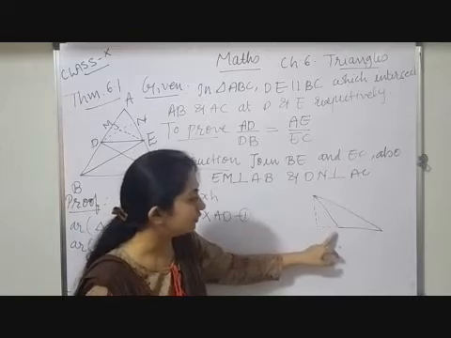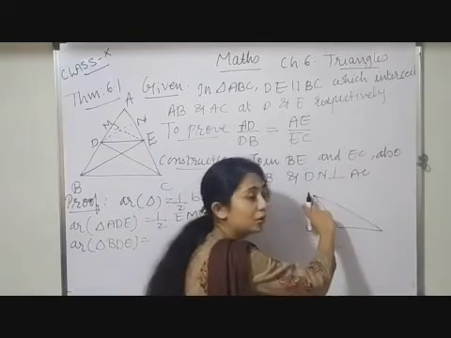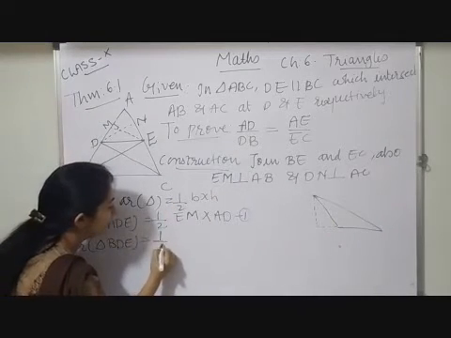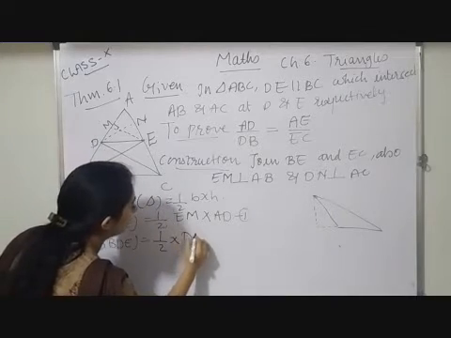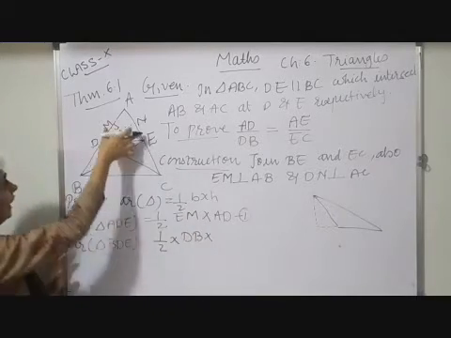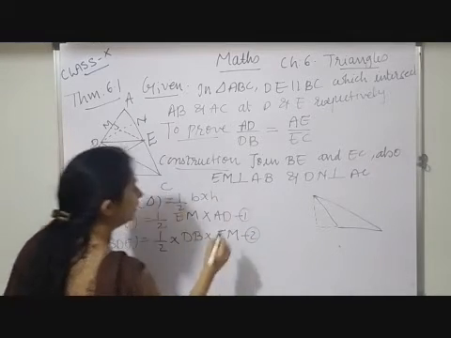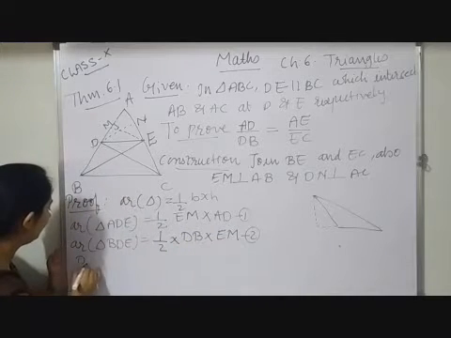So if I want to find the area of this triangle, I will take this base into this height. That concept I am applying here. So my formula will be half, base DB into height EM. Equation number 2.